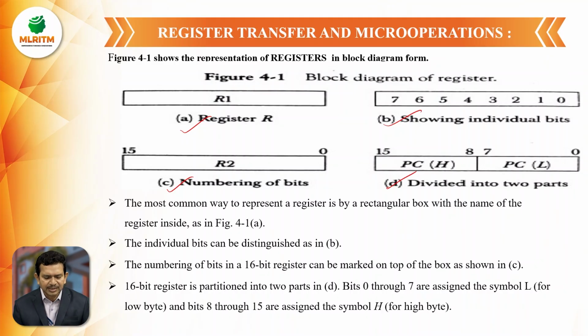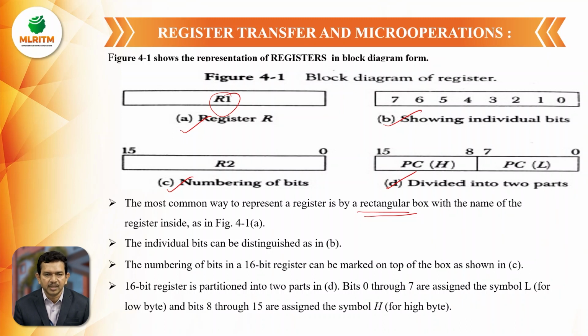If you see register A, it is represented with a rectangular box. Inside, it is represented with R1. That is the name of the register. It should be a rectangular box, and inside the rectangular box we represent the register with some name.